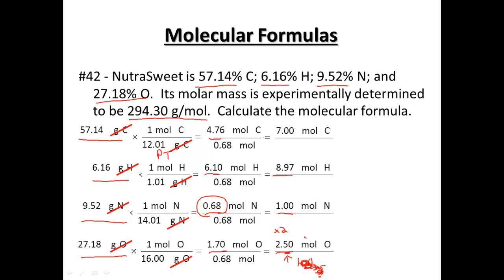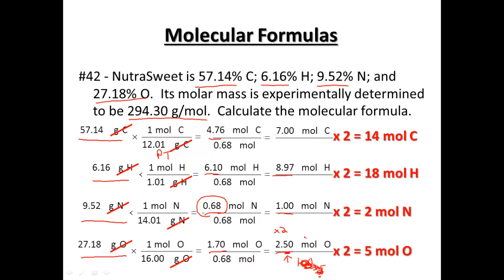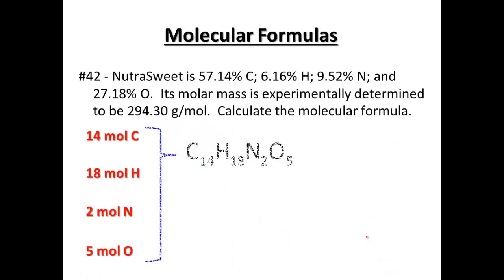So all of these will need to be doubled. So now we've doubled to 14, to 18, to 2, and to 5. So our empirical formula now, C14H18N2O5, is going to be our empirical formula at the moment.